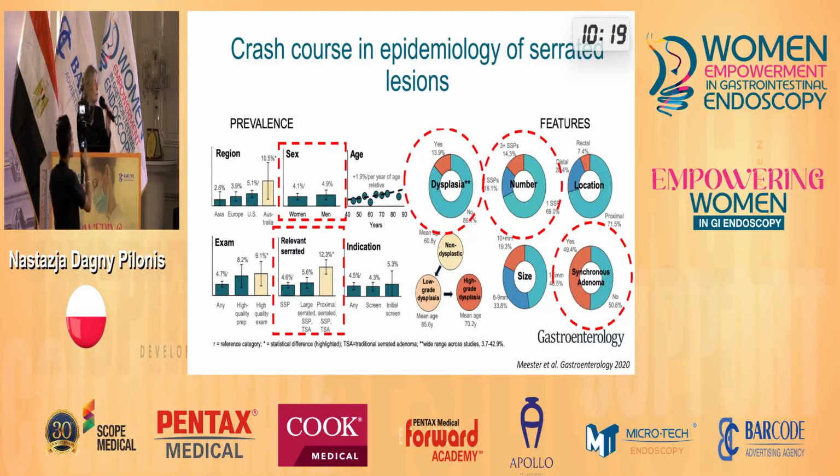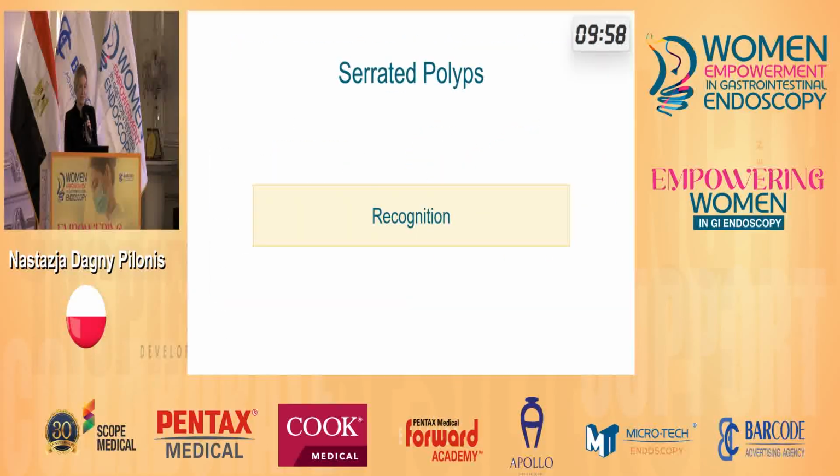Also, we should be aware that this is not an exclusive diagnosis. We can have a serrated lesion and an adenoma in one colon at one examination, and as you can see in the bottom right circle, 50% of patients have synchronous adenomas and serrated lesions.